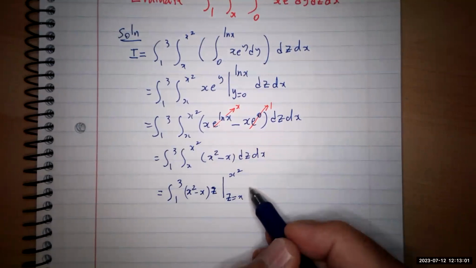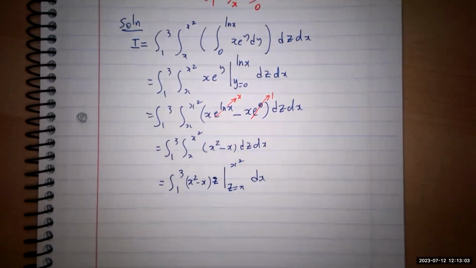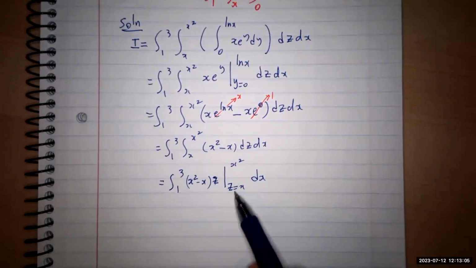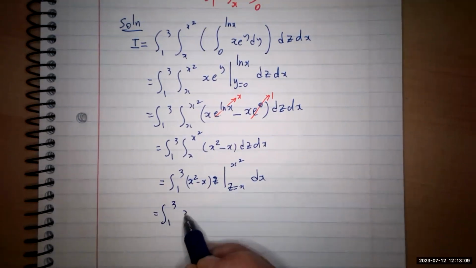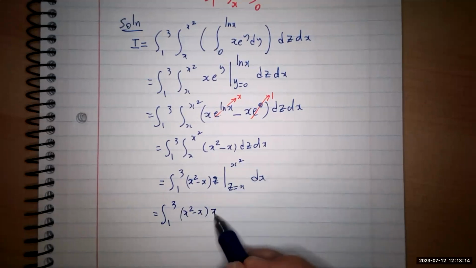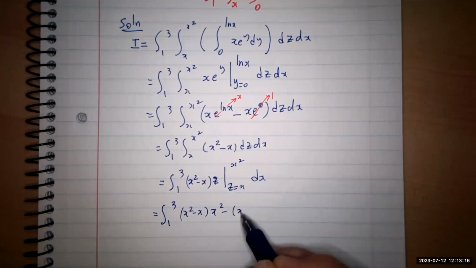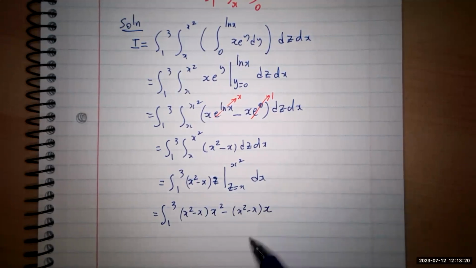When we're done, we come back and integrate with respect to x. So replace z by x squared and x. It's going to be 1 to 3, x squared minus x times x squared, minus x squared minus x times x. Then everything dx.